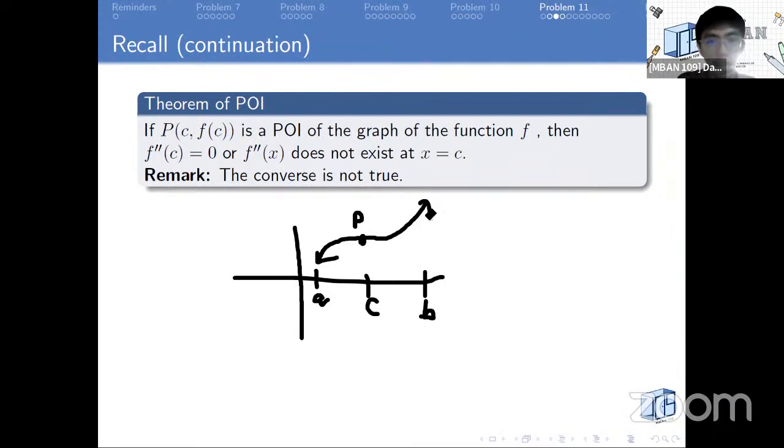Bakit? Let's say na we have a vertical asymptote at x equals c.